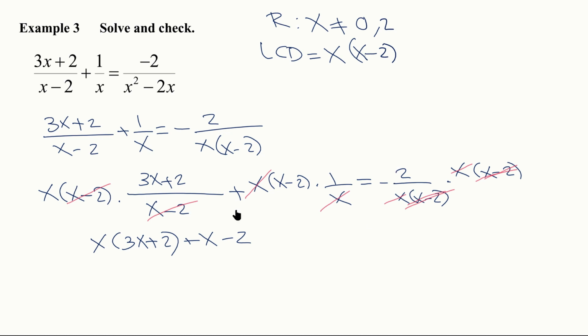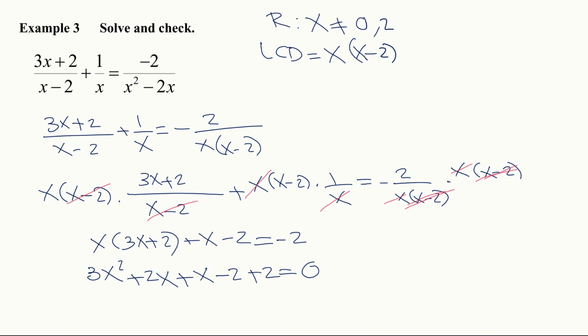We don't really need the parentheses anymore, equals, here these canceled out, so the only thing left is negative 2. So we have 3x squared, I'm just going to distribute the x now, plus 2x plus x minus 2. Let's go ahead and move the negative 2 to the other side, so it becomes plus 2 equals 0.